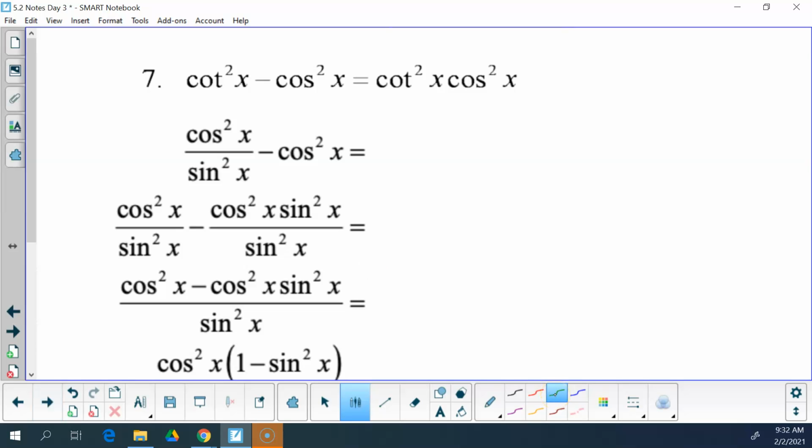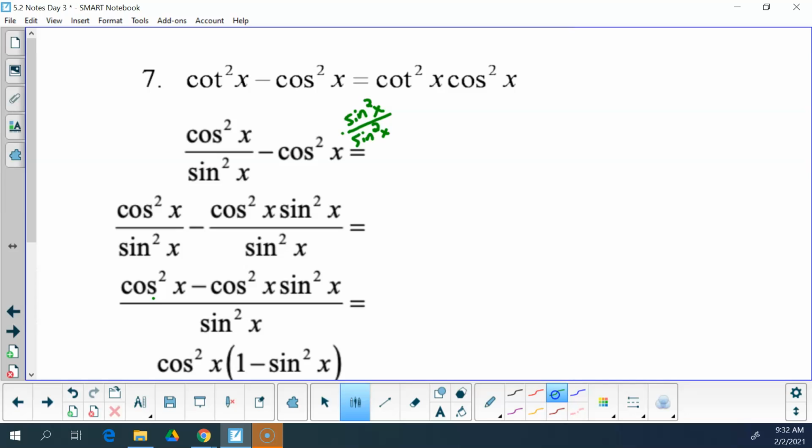So we'd have to multiply this one by that to get me to this next step. Then I can combine the tops. Then I can factor the tops.